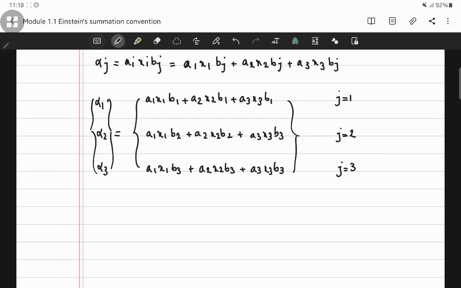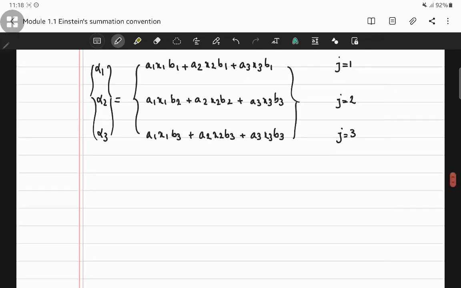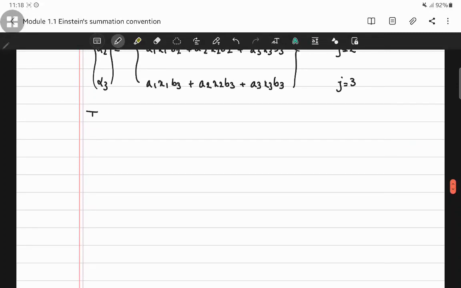So you will have 3 different expressions. The number of expressions is equal to 3 to the power of the number of free indices, since in continuum mechanics we have at most 3.